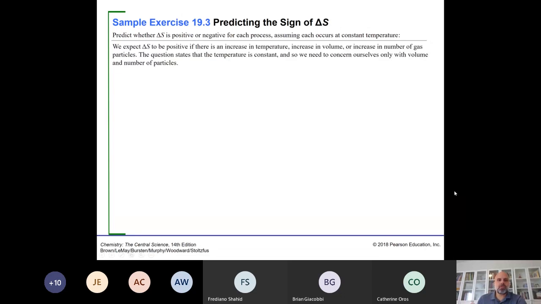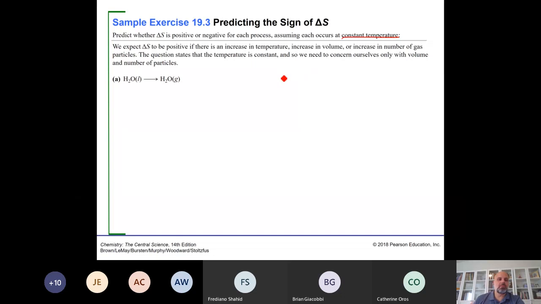Just a brief explanation: we expect the change in S, entropy, to be positive if there's an increase in temperature, an increase in volume, or an increase in the number of gas particles. The question states that the temperature is constant, so we only need to concern ourselves with volume and the number of particles. So when you're thinking about problems, make sure you're aware of what's going on here. This is a constant temperature-based system.